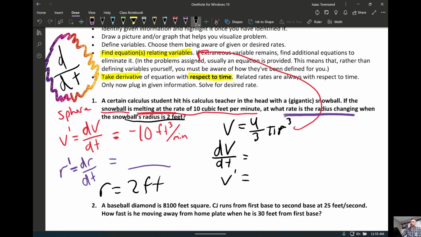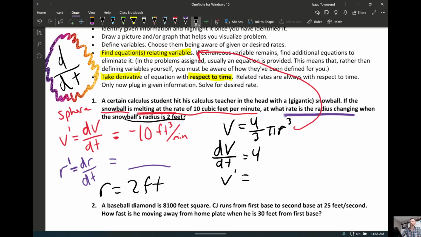I can't just take the derivative of the left side without taking the derivative of the right side. And most of this is just a constant. So what do you think the derivative of the right side would be? Okay, bring this down. 4, I agree with.